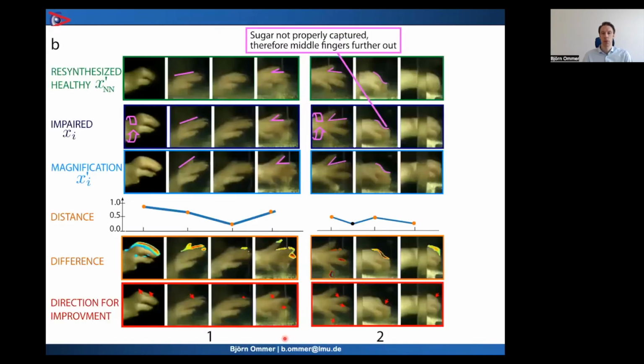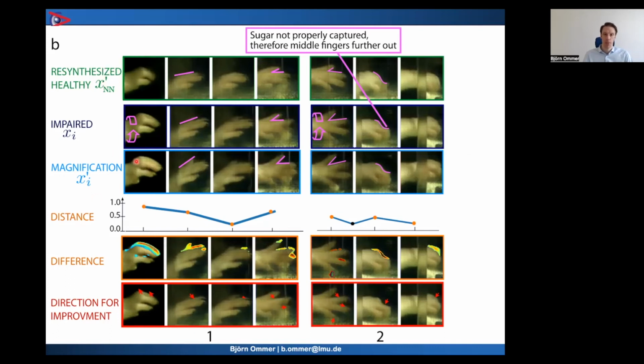Here you can see excerpts from two red paw grasping sequences. The first row is the healthy reference, already resynthesized with the appearance of the impaired query. Actually, these had a different appearance. We have now already resynthesized so that you can better compare them.